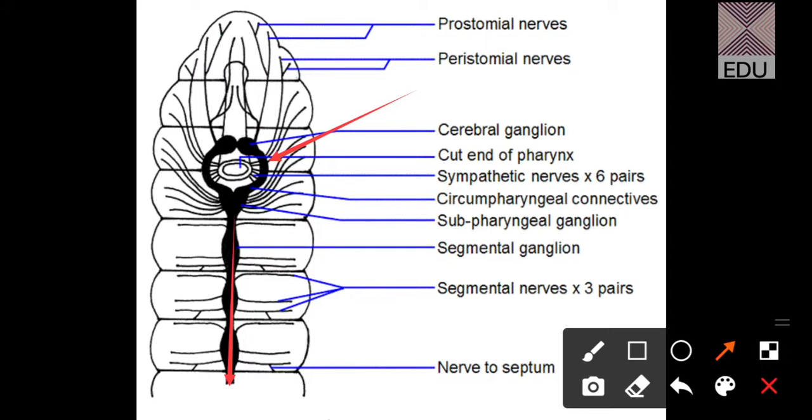Now this ventral nerve cord is present on the ventral side of the earthworm. As the earthworm has a dorsal and a ventral side, this runs on the ventral side. That's why it is called the ventral nerve cord. Now this cord originates from the ring.